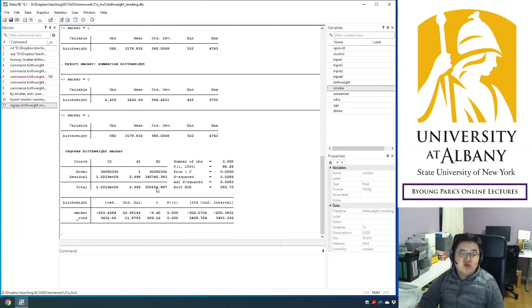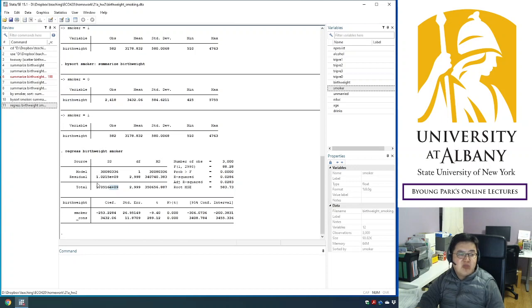The numbers are huge because there are 3,000 observations. So here it is 1.0516e+09, which means 10 to the exponent of 9. So you have to put 9 zeros from here. So the summation is a huge number as the sample size is large.